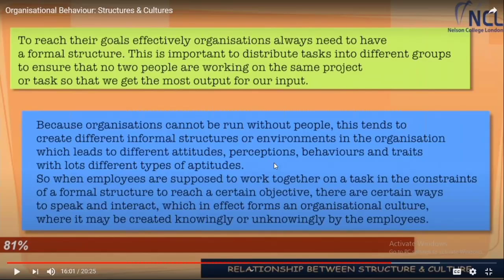So organizational structure impacts organizational behavior, which at the end reflects the organizational culture. You can see how it all links together. Organizational structure affects organizational behavior, and organizational behavior is the reflection of the organizational culture.